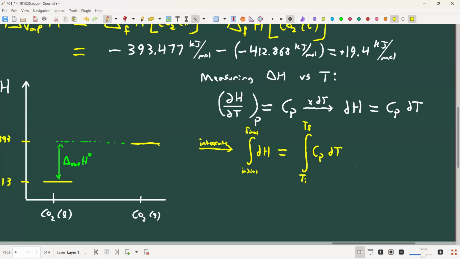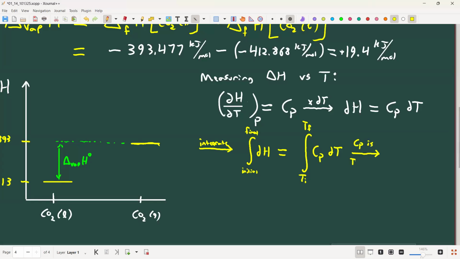Now, if heat capacity is just a number, meaning it's the same value at every temperature, I can just remove Cp. There are two limits here I have to choose from. One is that I assume heat capacity is a number and doesn't change, and the other is that it's temperature dependent. So we have to consider both cases. Let's do the easy case. This is the Gen Chem case where Cp is T independent.